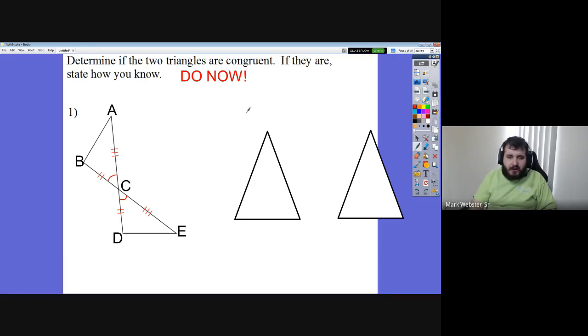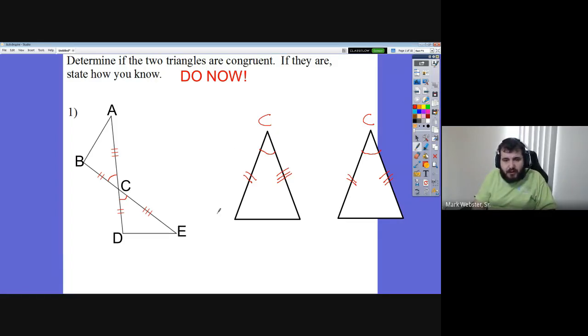So I always like to take the angle part and put it up top. Both of these are angle C, ACB and ECD, so I'm going to mark those just so that they're there. Then I'm going to mark the two side on the left and the three side on the right. Same thing here, because we've got the two side and the three side on either side of the angle. That's a good sign.